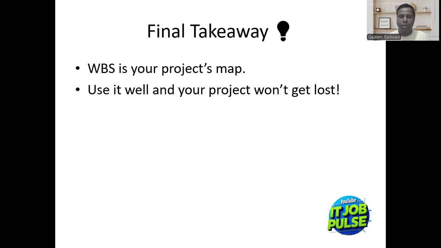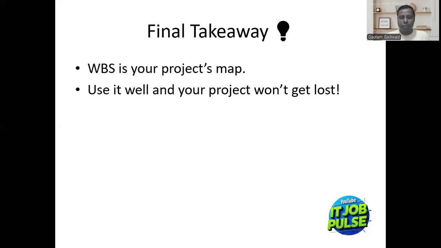Imagine you are driving a car, and you want to go from, let's say, Pune to Mumbai. You are not aware where Mumbai is, and you start your journey with a map. In between you stop using the map, then what will happen? You will get lost, right?